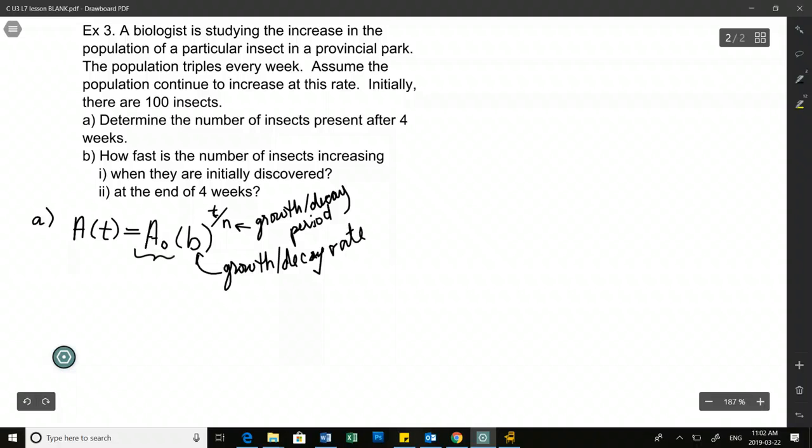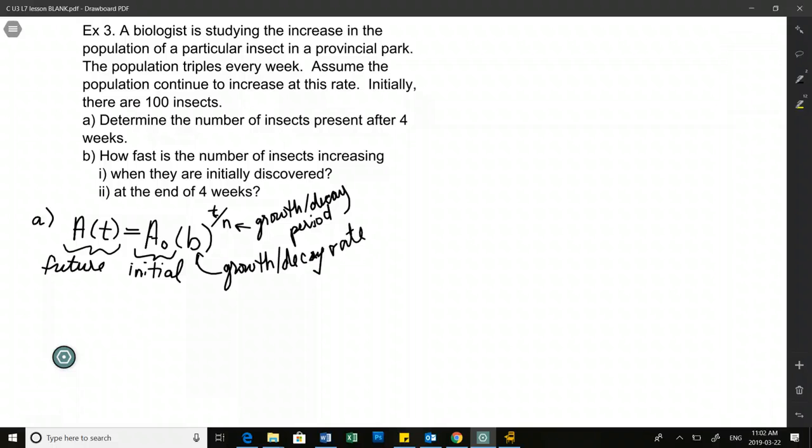Okay, this is our initial, and this is our future, and t is total time. So what do we know about this scenario? What can you guys fill in for me here? Zainab? Good.